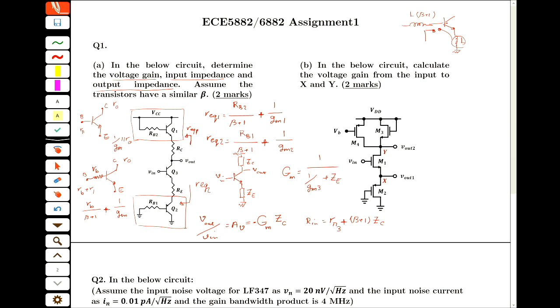Actually, IC are not the same, because IC of the second transistor is IE of the first, which is just one against beta. You are true. Yes, we can say that, but a complete solution is that the biasing are not the same. But that one is acceptable. If you put all of them as 1 over GM, it's fine.